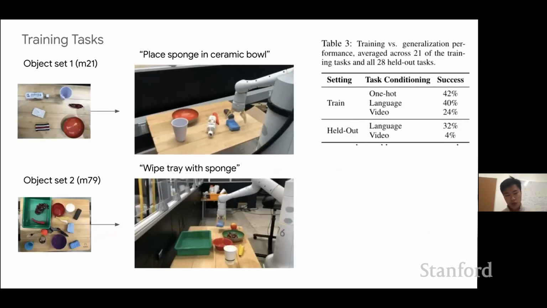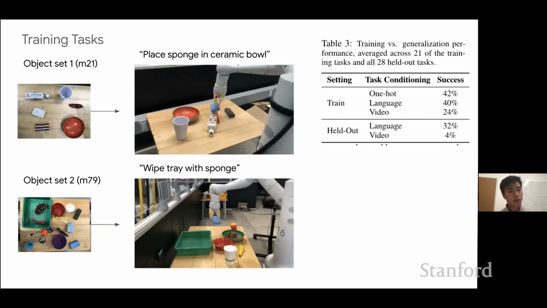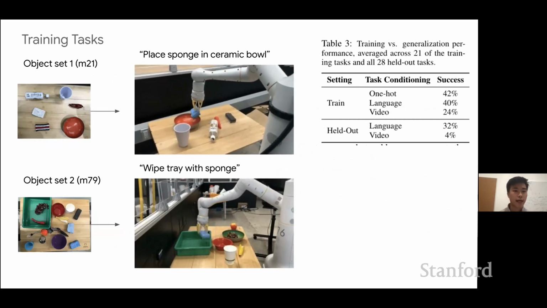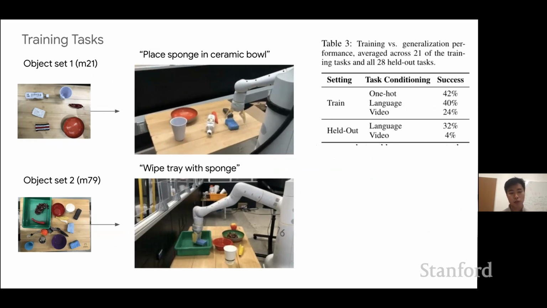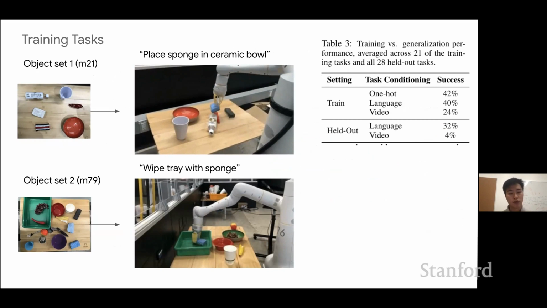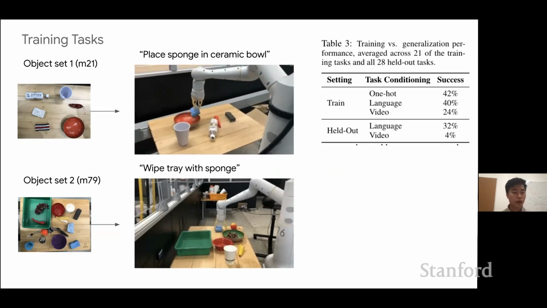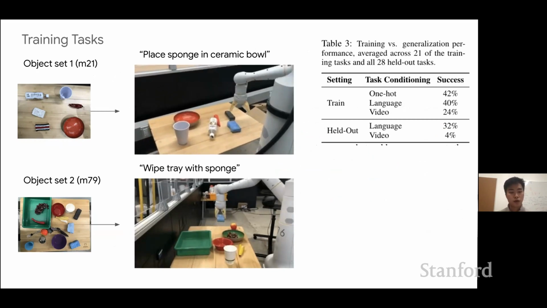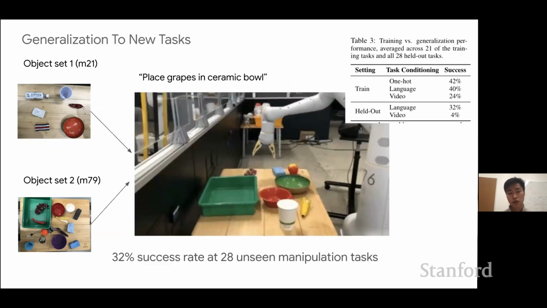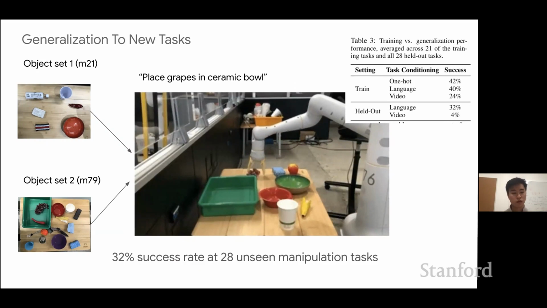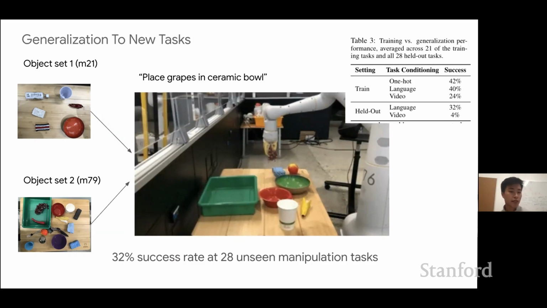So we have the training tasks divided into two sets of objects. The object set on the top contains tasks like place the sponge in the ceramic bowl, and the object set on the bottom, which has mostly different objects, has things like wipe the tray with sponge, or put this cup in that other cup, and so forth. So the cool thing about training all of these tasks is that we kind of get generalization through the magic of deep learning, which is that at test time, you can mix together objects in these different object sets and command it with a natural language instruction that it's never been trained on before.